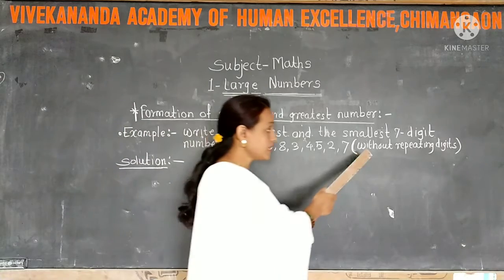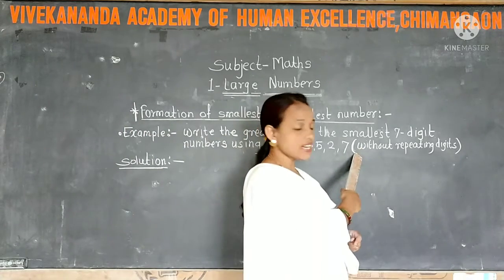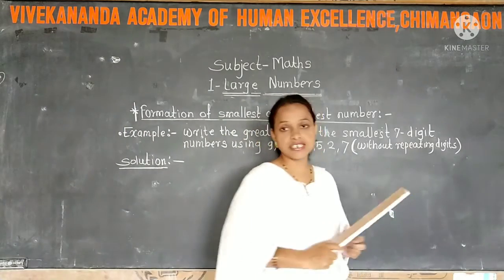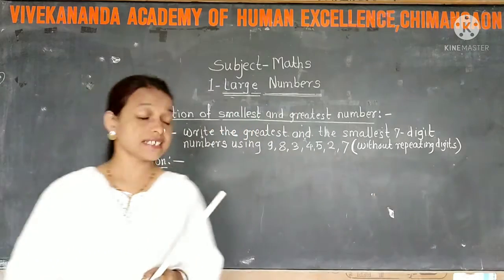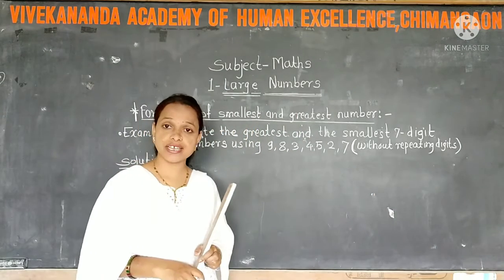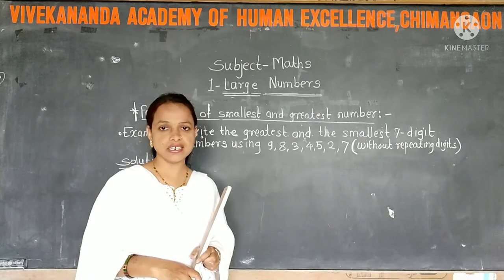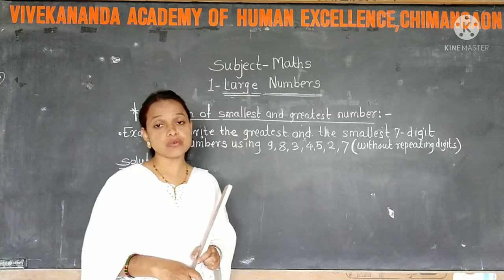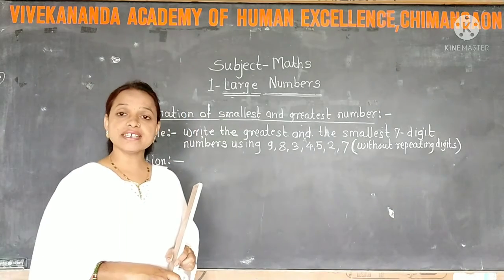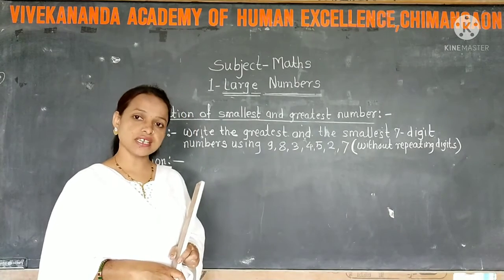But if you observe the bracket, what do they ask? Without repeating a digit. Means you have to write the greatest and smallest 7-digit number without repeating any digit.